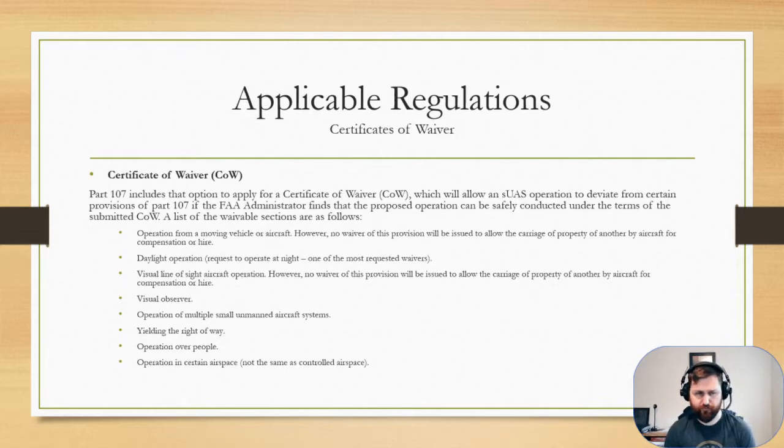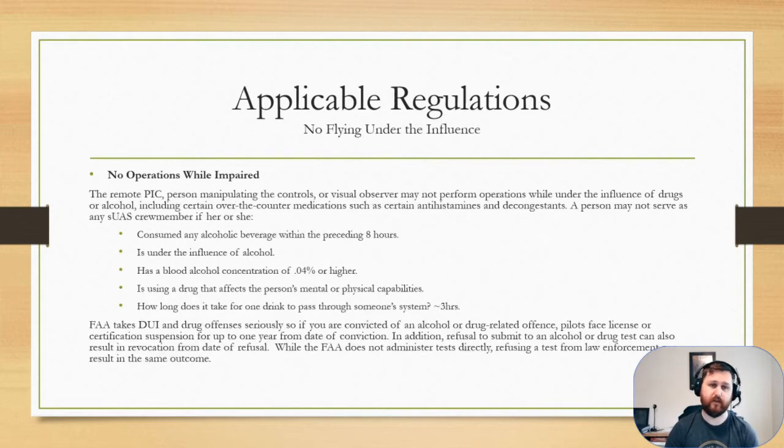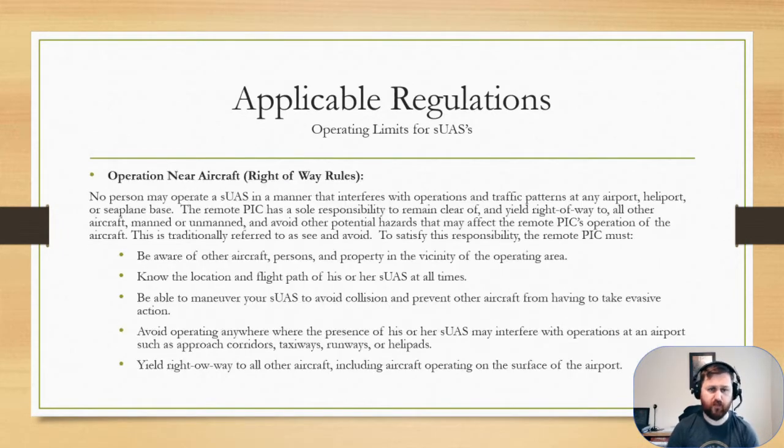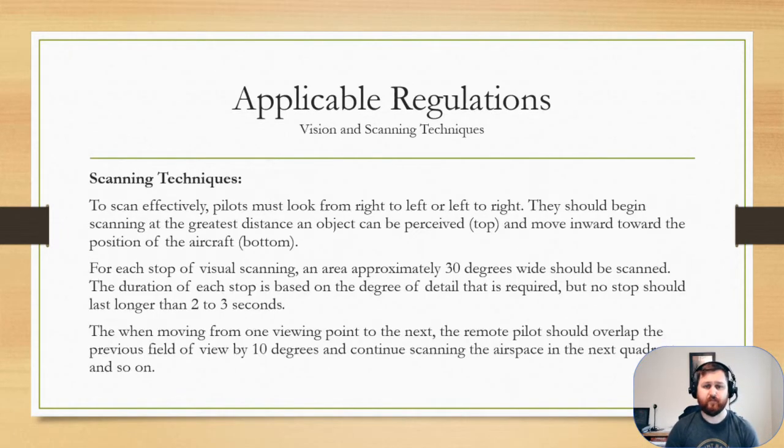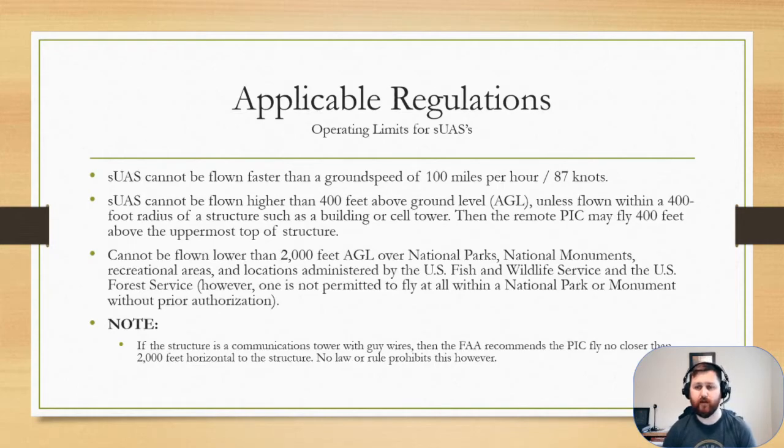A visual observer, operation of multiple small unmanned aircraft systems, yielding the right of way, operation over people, and operation in certain airspace. And that's not the same as controlled airspace. Remember, operation in certain airspace, we're going back to talking about, say, operating in national parks or monuments.